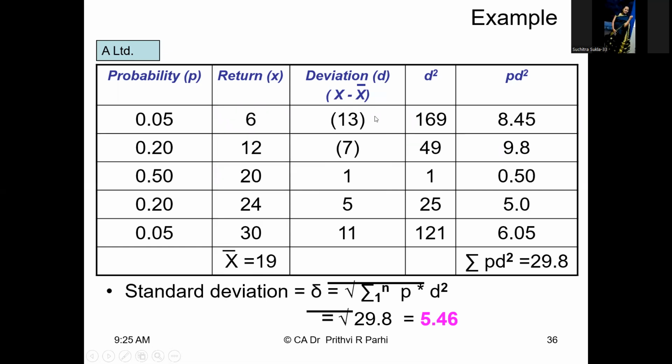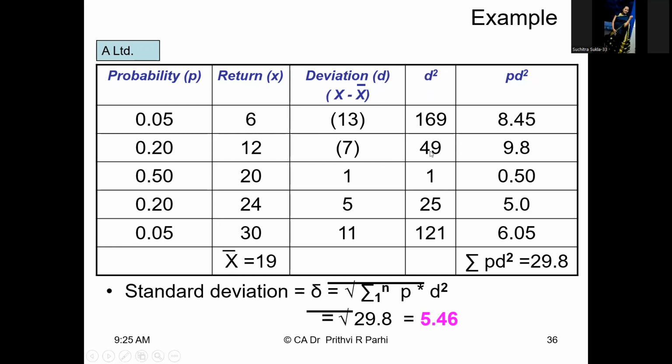When you talk about the risk, all kinds of variance, whether positive variance or negative variance, both are risk. So there is nothing called positive risk or negative risk. So these negative numbers need to be converted to positive numbers because they are also risk. Positives are also risk. Negative numbers are also risk. Therefore, the deviations are squared here. This is D square.